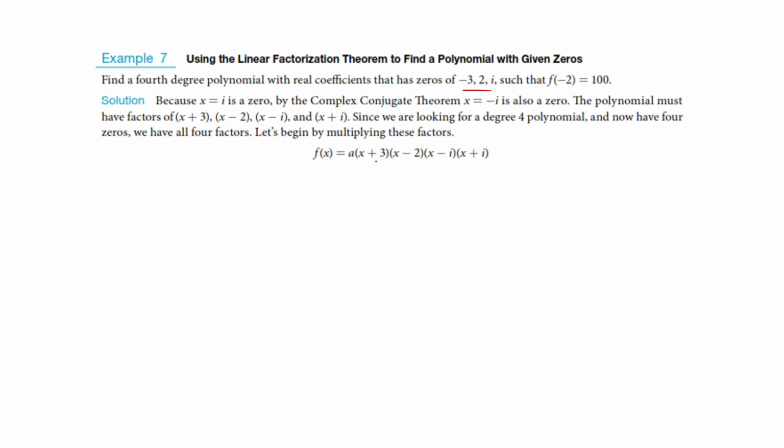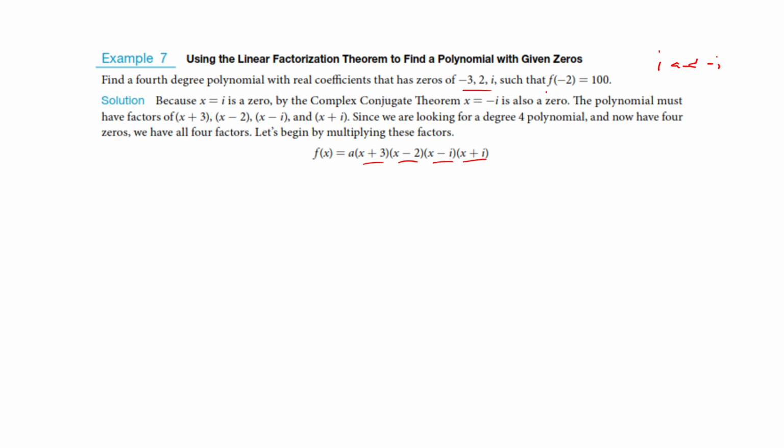Remember, we changed the sign when we put them in here to write them as factors. So i is my third. Well, because of this theorem, I know they always come together in pairs, so I have this one as well. So I know that i and then negative i must also be zeros, complex zeros.